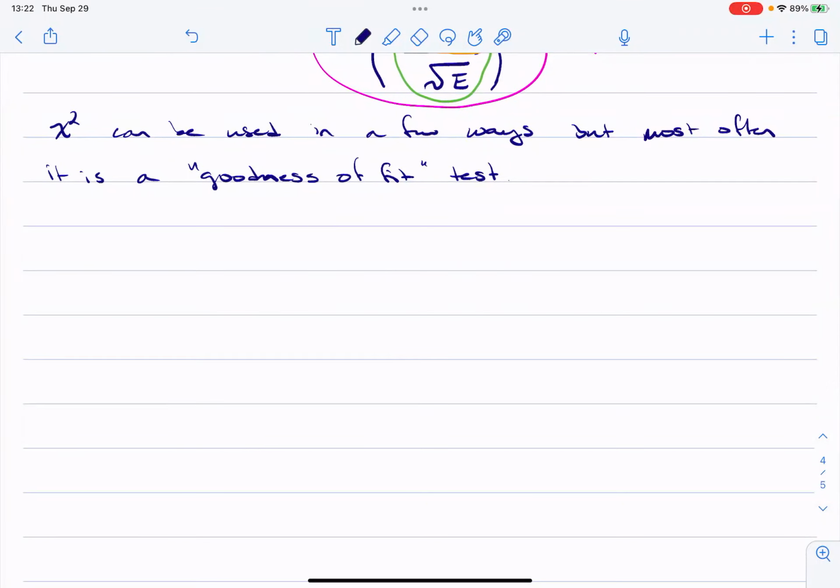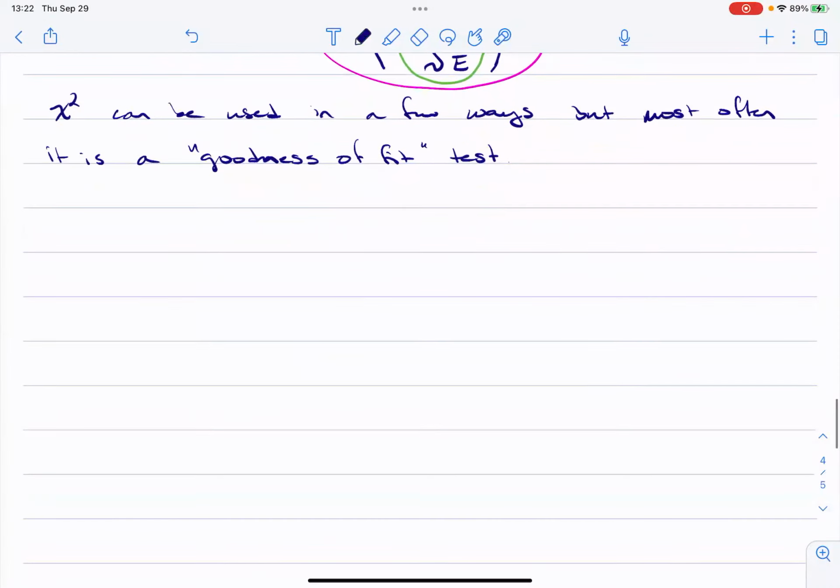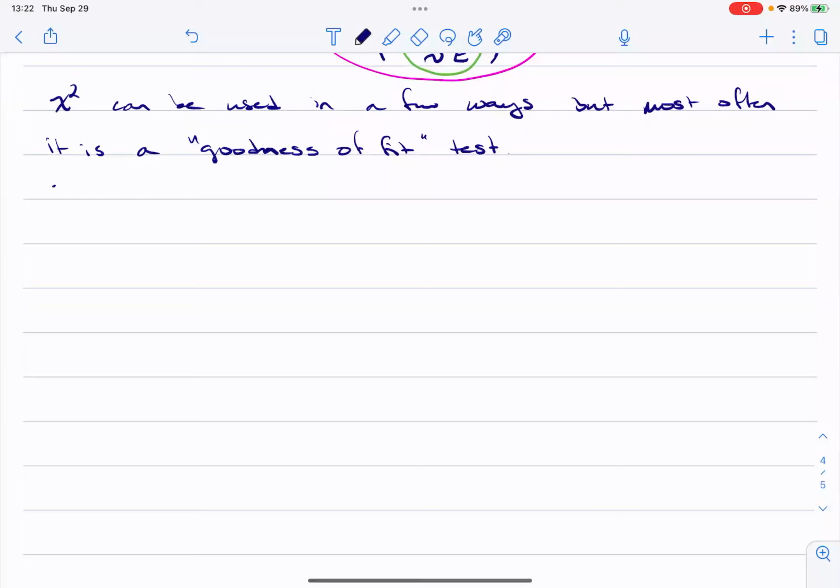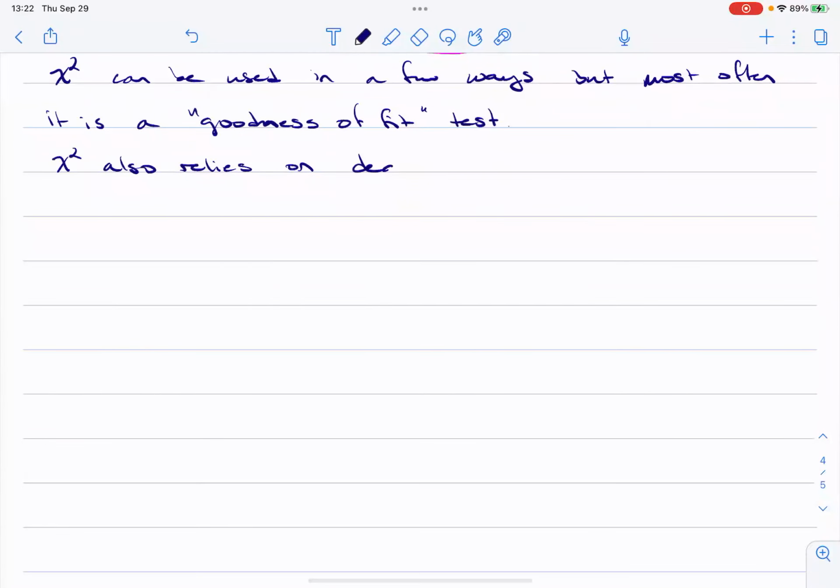Chi-squared also relies on degrees of freedom, but it's usually attached to the number of categories in some way. You can have one set of categories or a 2x2 table. So it depends, but chi-squared also relies on degrees of freedom, which will depend on the number of categories.